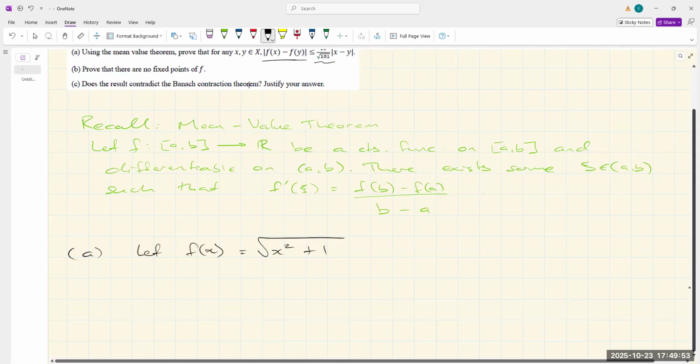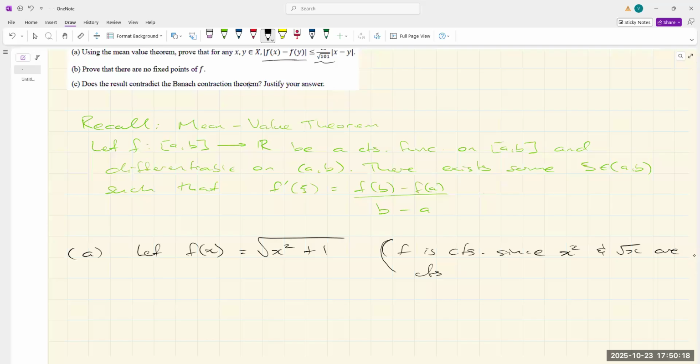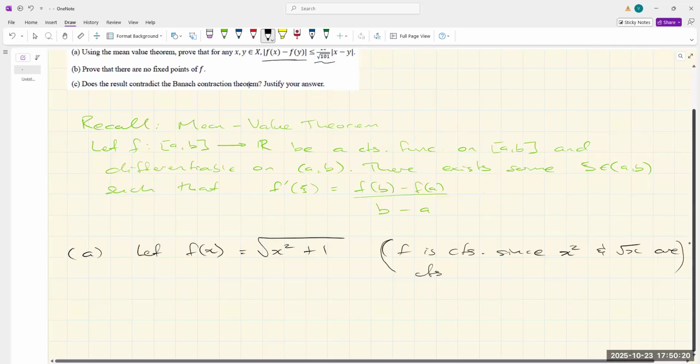And if we're using the mean value theorem, I'll just put over here that f is continuous since x squared and square root x are continuous functions. Basically this is a composition of continuous functions, which is again a continuous function. So since these are continuous, and f is also differentiable.